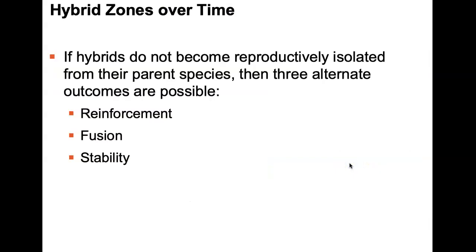Okay, moving on. So hybrid zones can change over time. There are three possible results of a hybrid zone. We have reinforcement, fusion, and stability, based on how fit the hybrid is, right? So let's take a look at these three outcomes. We have our gene flow, right? We have our original parent species, that is the common ancestor of both species.